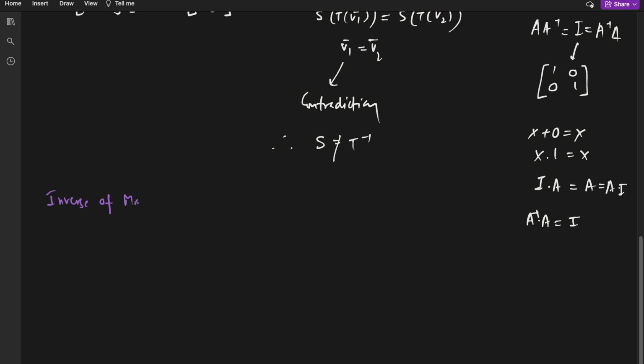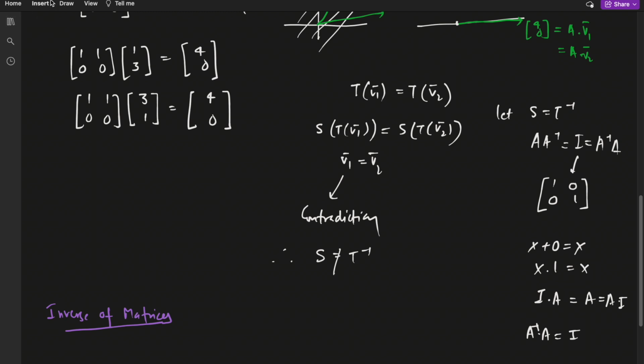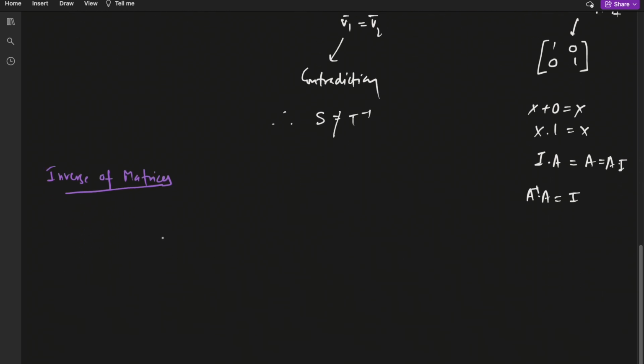Inverse of matrices. It's the same, because if you have seen my previous lecture, I already told that matrices are nothing but linear transformation. Linear transformations are nothing but matrices. So a matrix is a way of representing a linear transformation, by the way, right? So you can simply say that invertible matrices imply invertible transformation and vice versa.